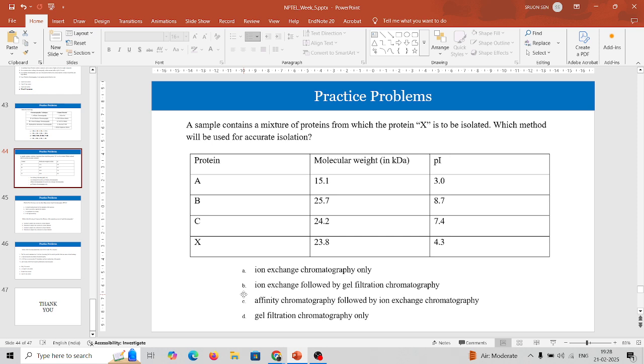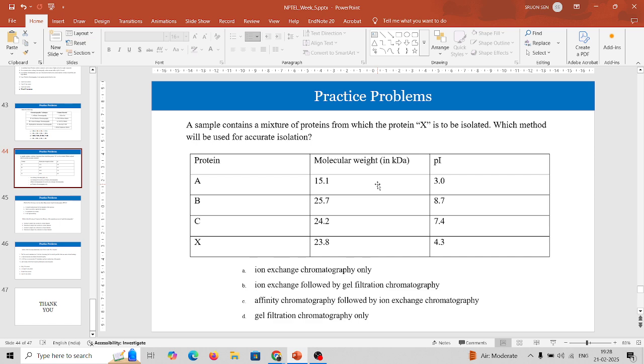So if you can understand, there are 2 factors over here. One is the molecular weight, the other one is pI. You need to understand that 2 types of chromatographies have to be used. If you want to resolve on the basis of molecular weight, it's a filtration. The other one is ion exchange. Now, which one to use first?